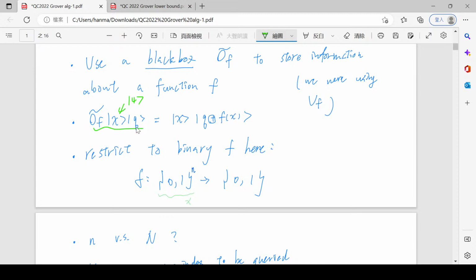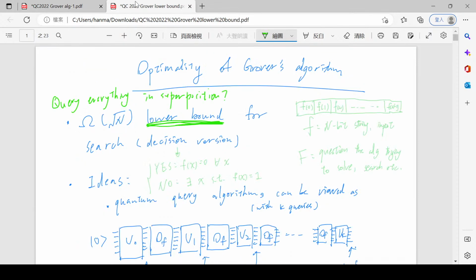And now that gives us trouble because, say, for a classic algorithm, your f is very long, and if you don't query everything, then there is some place you never see, and that place might be crucial for distinguishing things. But for a quantum algorithm, you can kind of see everything at once, and how do you actually say your algorithm needs to use your query many times when one query can give you information on everything.